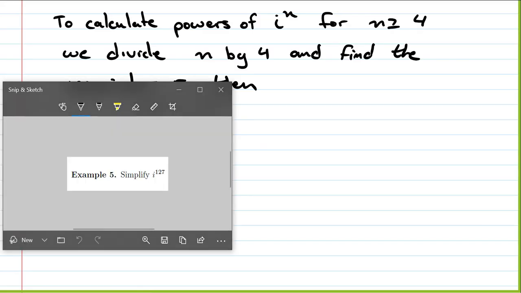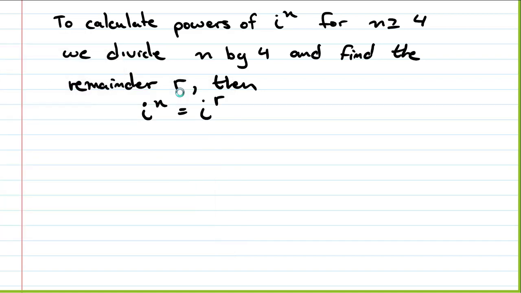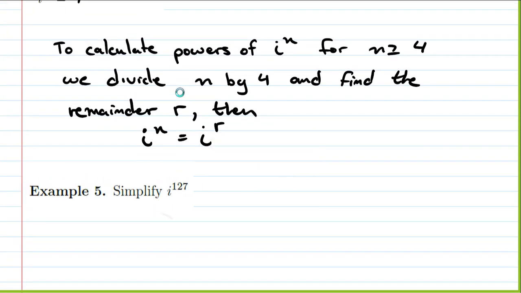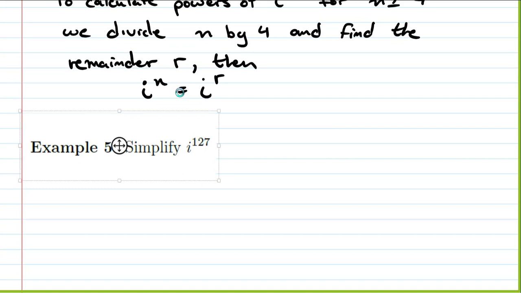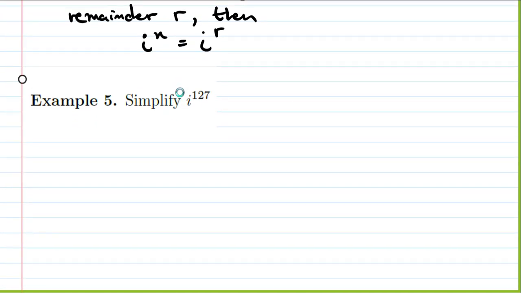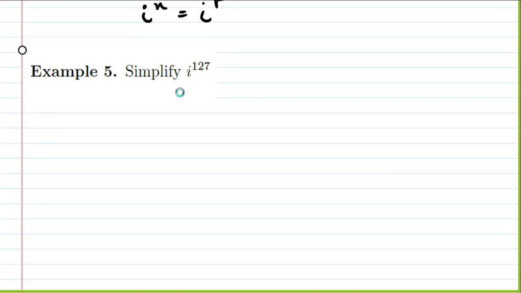So let's take a look at our example. We want to simplify i to the 127th power. So we take 4 and we divide it into 127.